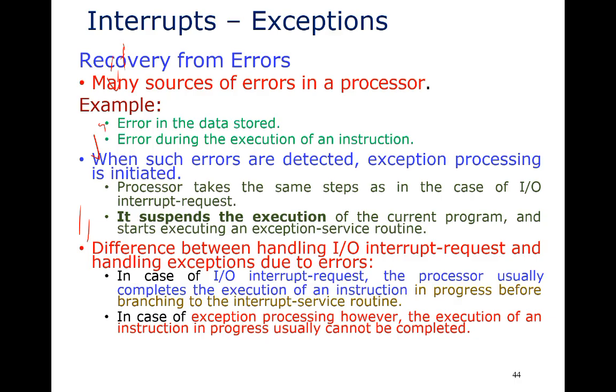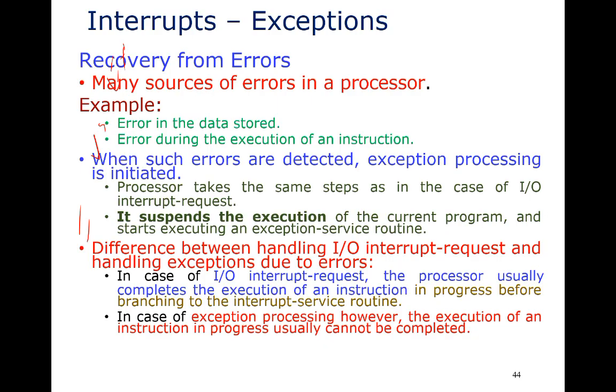An exception is an unusual condition detected during processor operation or instruction execution. Simply, an interrupt usually comes from outside the processor, while an exception is associated with a condition detected during the processor's operation.